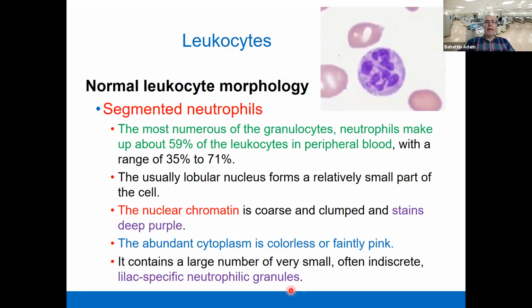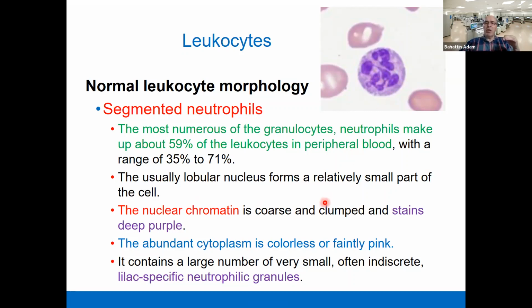The lobular forms are a relatively small part of the cells when we compare with other white blood cells. The nuclear chromatin is coarse and clumped and stained deep purple, as we see in these pictures.